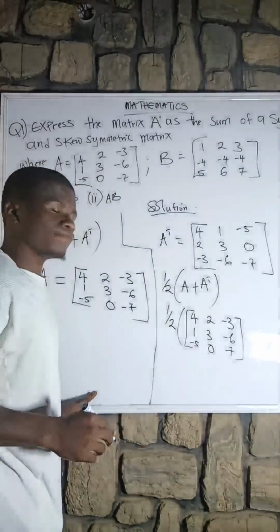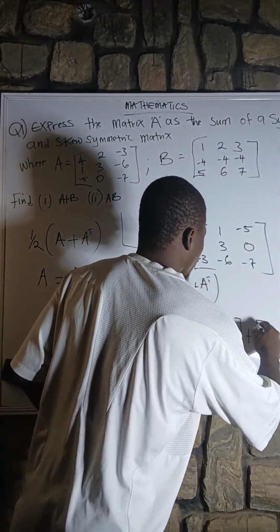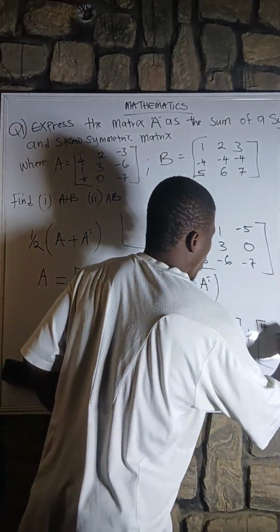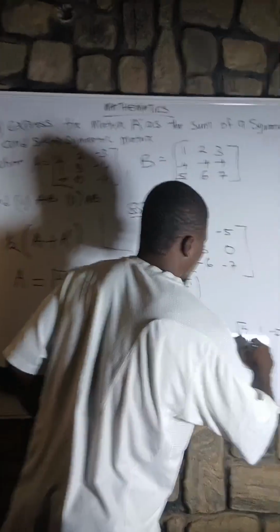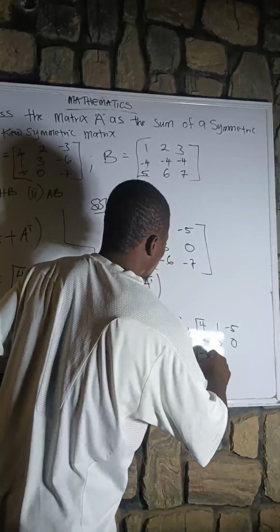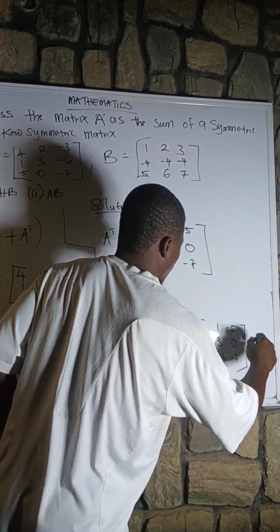And then plus our A transpose, which is 4, 1, minus 5, 2, 3, 0, minus 3, minus 6, minus 7.